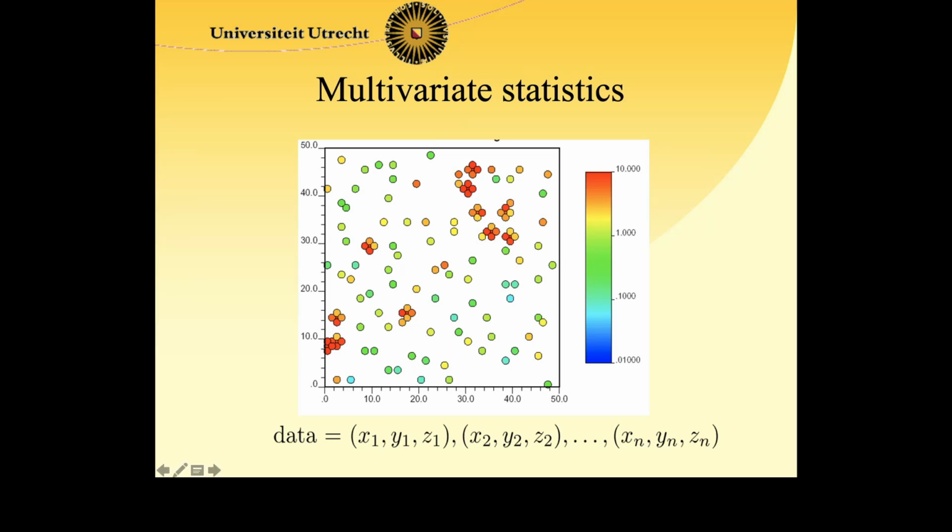For every sample you have three variables: an x coordinate, a y coordinate, plus some property, in this case lead content. To describe these types of data, one uses so-called multivariate statistics.